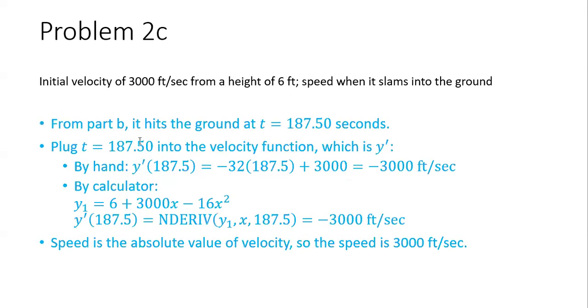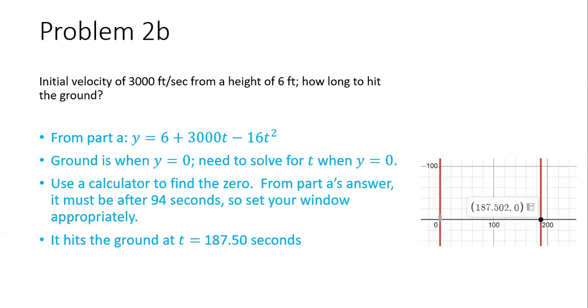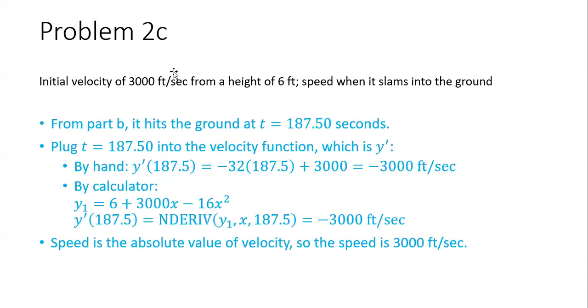Since this is not too bad to do by hand, we can do it by hand. It hits the ground at t is 187.5 from part B. So we want the velocity, or the first derivative, at 187.5 seconds. Since we had y prime earlier, we can just plug it into minus 32t plus 3000. So that's minus 3000 feet per second.